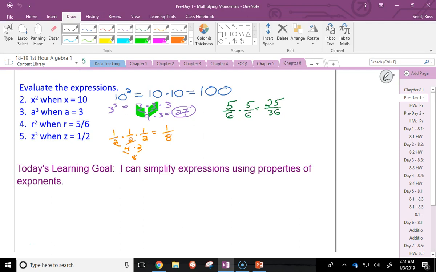So 5/6 times 5/6 is 25/36. You can check, can I simplify? If you can't, you leave it there. And then z cubed, when z is a half, it's a half times a half times a half, which hopefully you got 1/8. Any questions on those little warm-ups? You should feel good with those.